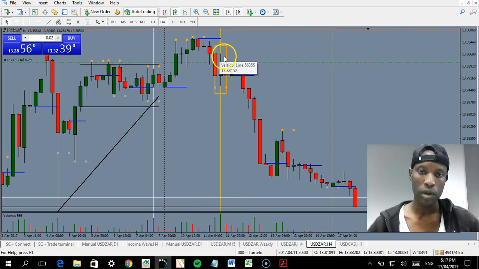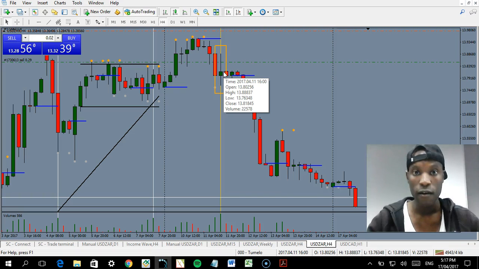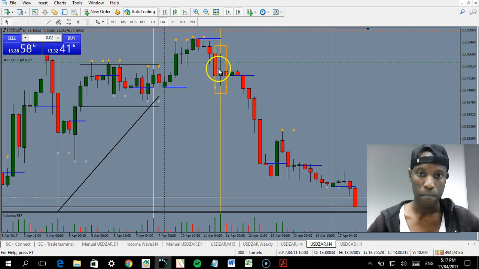We had a sharp increase in price supported by high volume, but what we can see here is that the buyers failed to push price up, and the market was becoming resistant to higher prices.